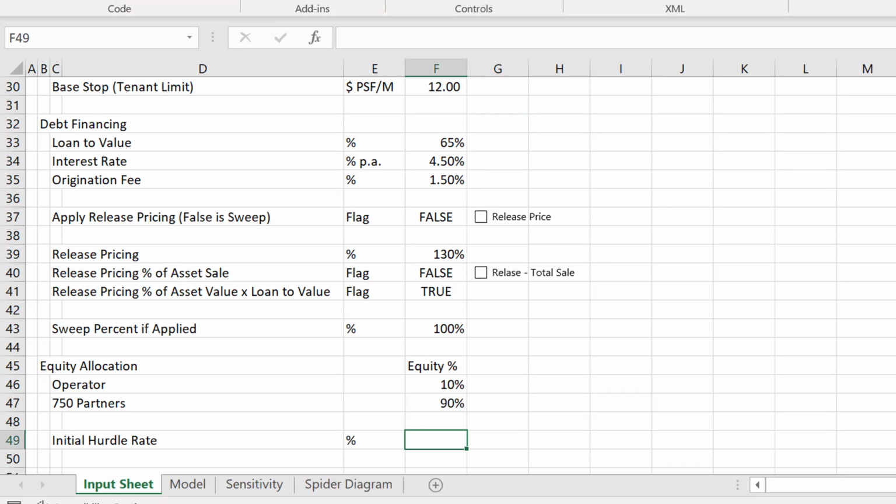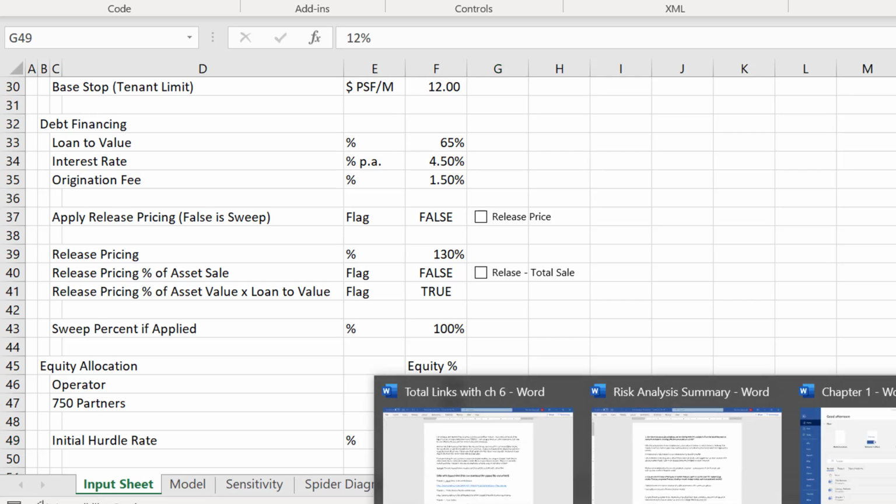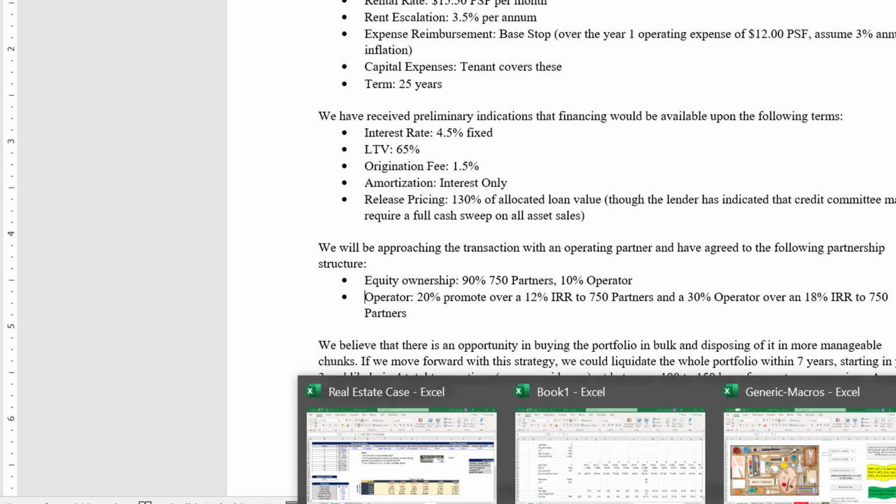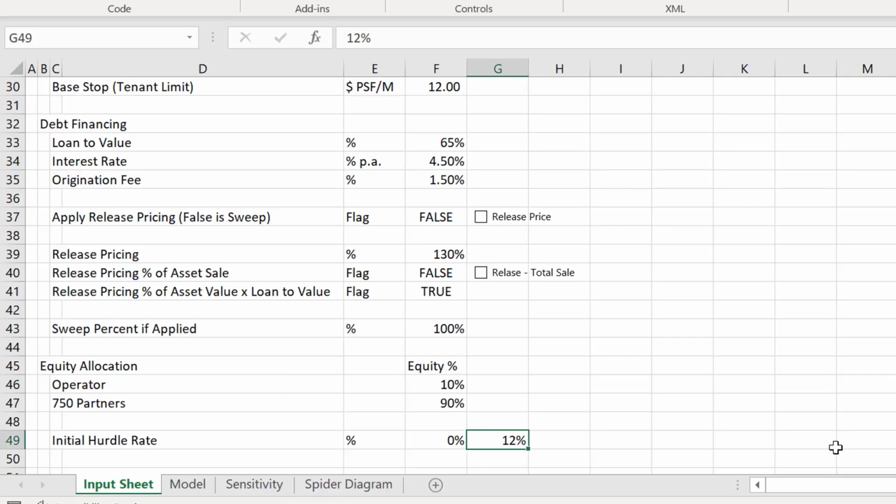So let's put a 0%, and we go up to 12%, and then when we're above 12%, and when we go up to 18%, very high IRR, okay, then we can do the same thing. We can put who gets what.